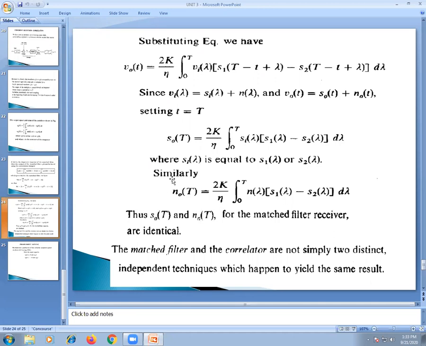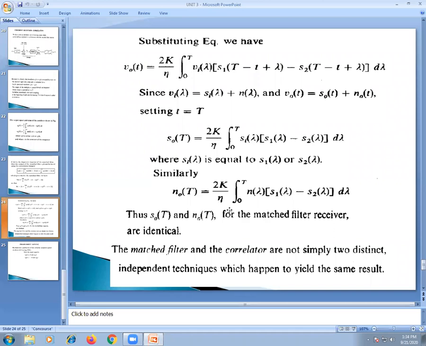For this, S naught and N naught are the signal output and noise output. They are the integration of the signal input and the difference of the signal input, multiplied. Here the local signal and input signal are multiplied, then given to an integrator, giving a constant value, whereas signal output or noise output.